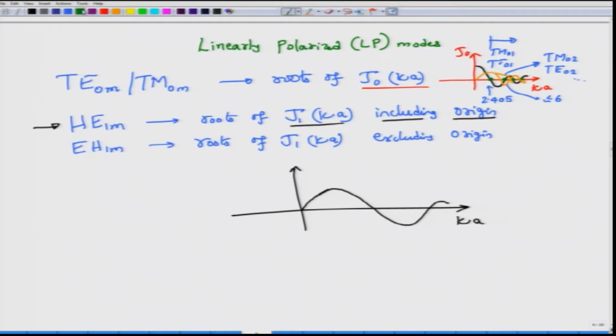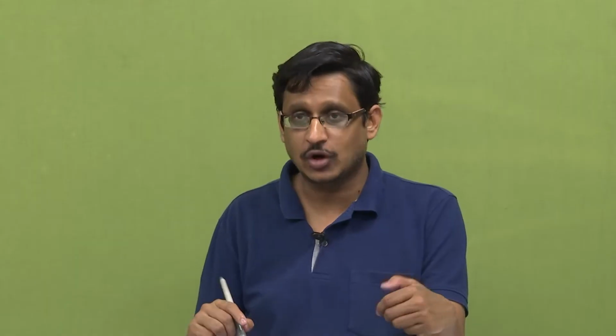Okay. The roots of Bessel function J0, the first root occurs at 0 itself, and for HE11 that is actually allowed. However, the roots of EH1 modes also are the roots of the Bessel function of order 1 itself. So, you would expect the EH mode also to be present here, but unfortunately that is not the case.